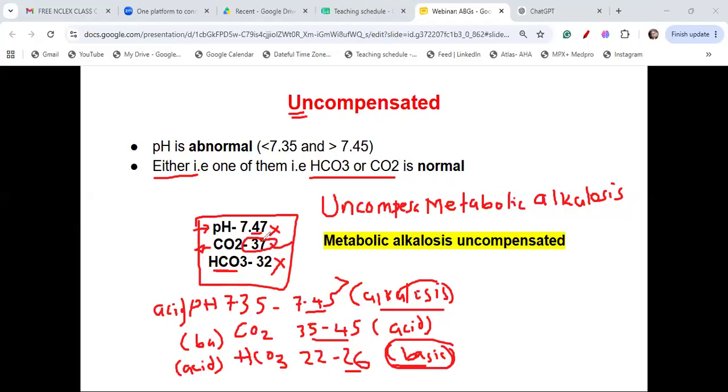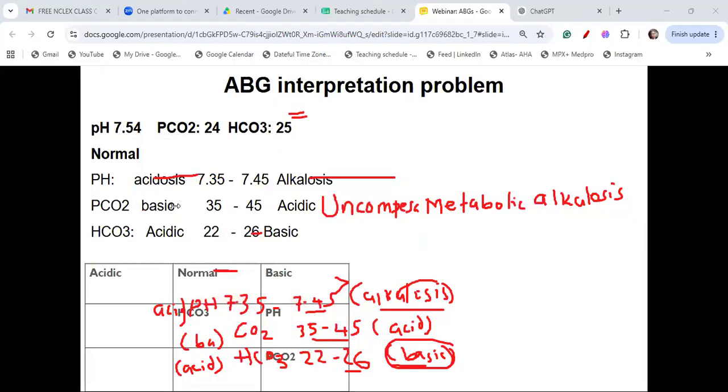And that takes us to the next one, which is partial compensated ABG. Is this well understood? So previously you have encountered several of them that were of this nature. We have encountered several of them that were uncompensated. So let me just go back. For example, this one, it was uncompensated, right?